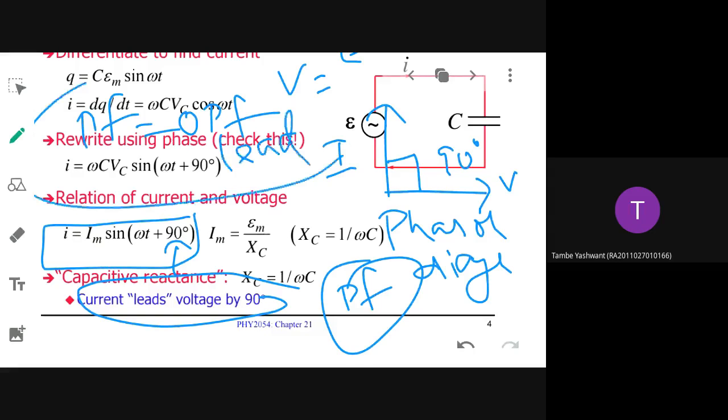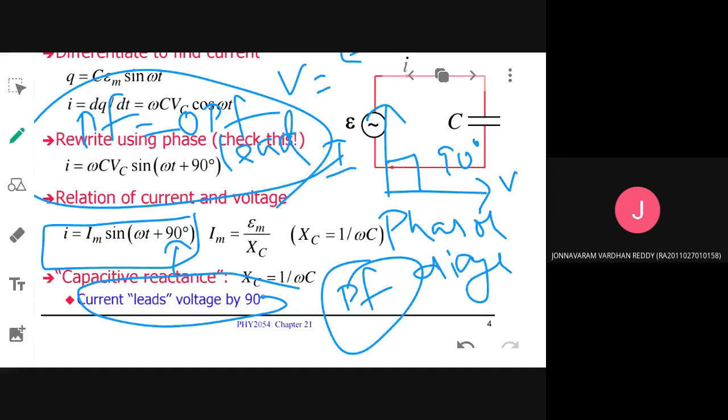So this might be asked in MCQs. What is the power factor's nature for a resistive circuit, capacitive circuit, inductive circuit? In a resistive circuit, power factor equals unity. In an inductive circuit, current lags the voltage, power factor equals 0, so you have to say zero power factor, lag.